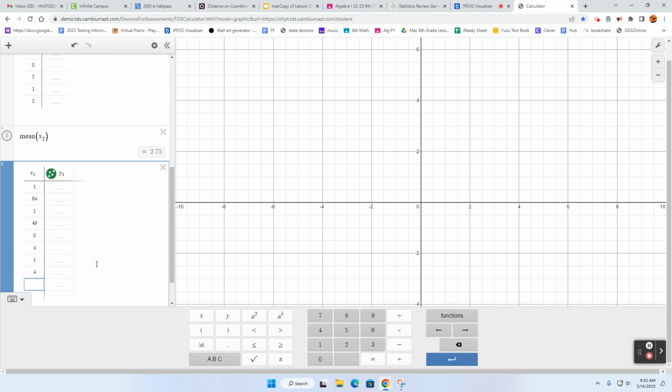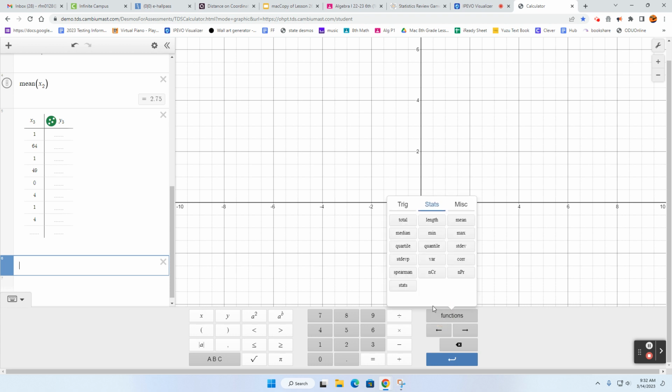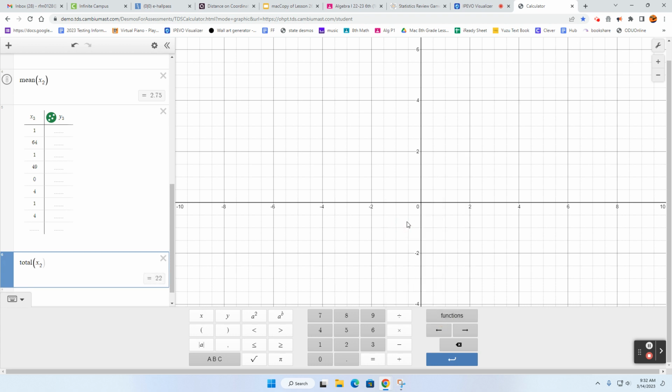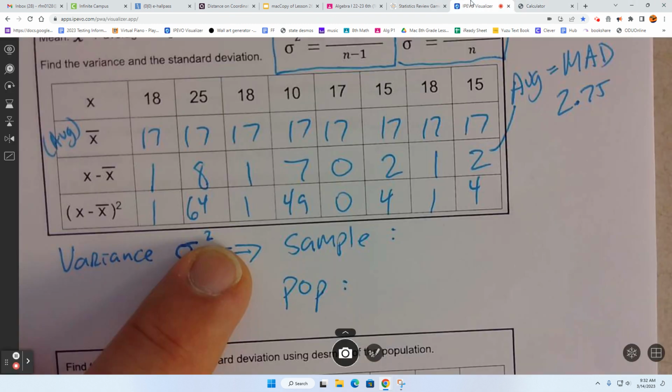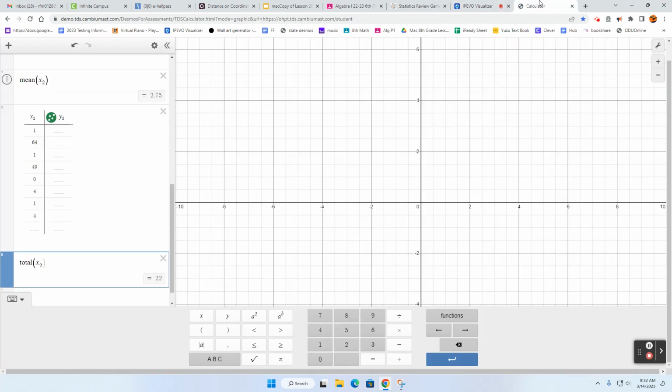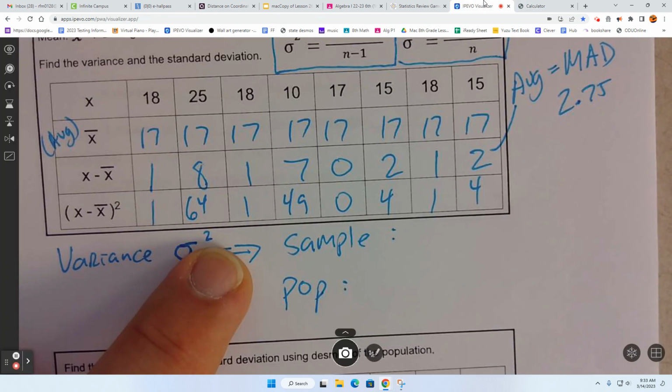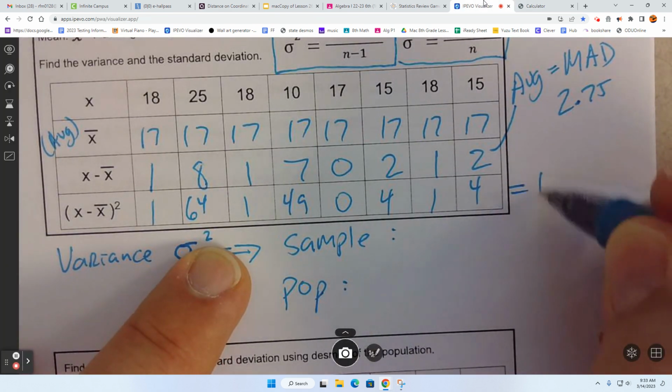Did I miss anything? I want to total those. The total of X2 tells me it's 22. Math can't be right. X3, and I always do that. 124. Better. So this equals 124.